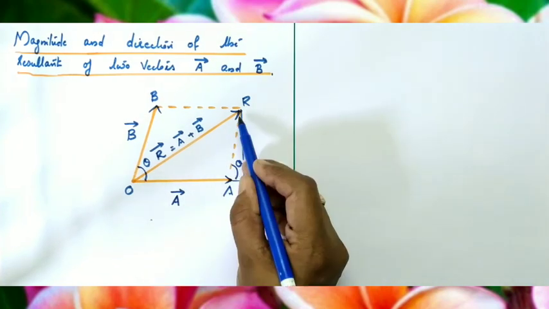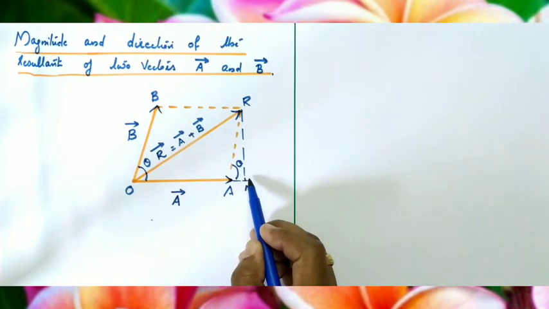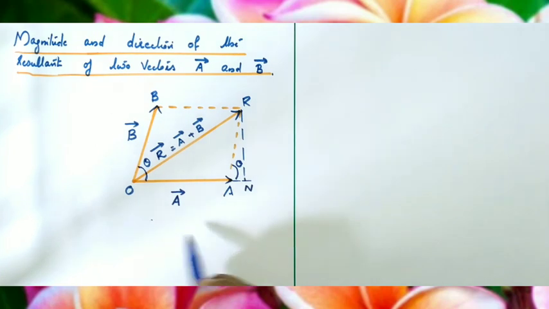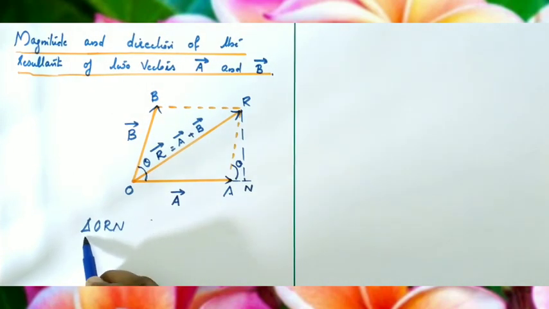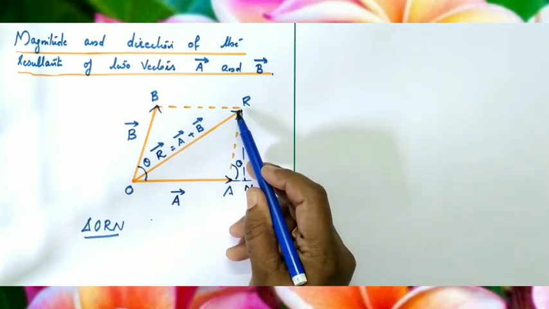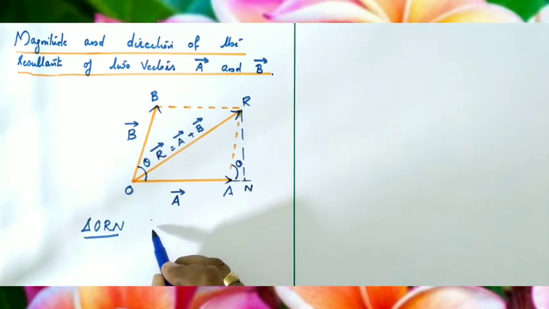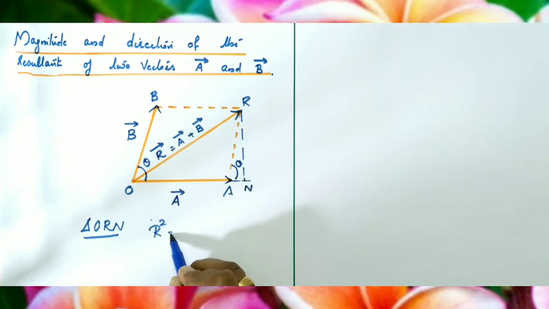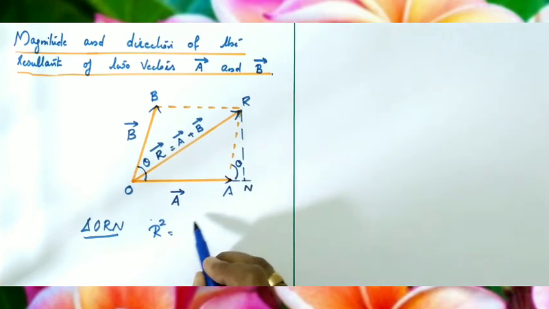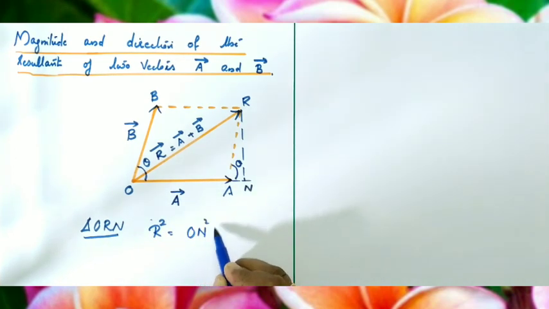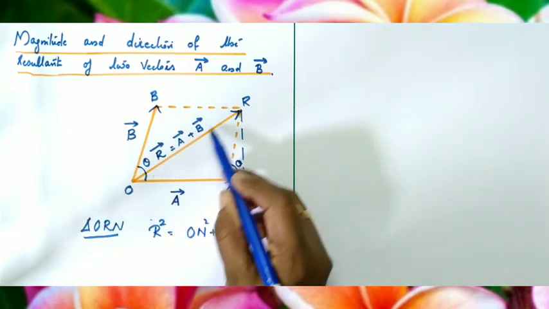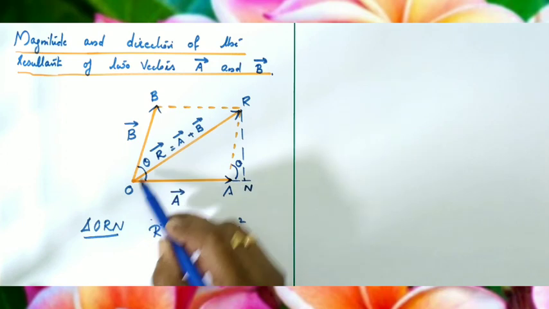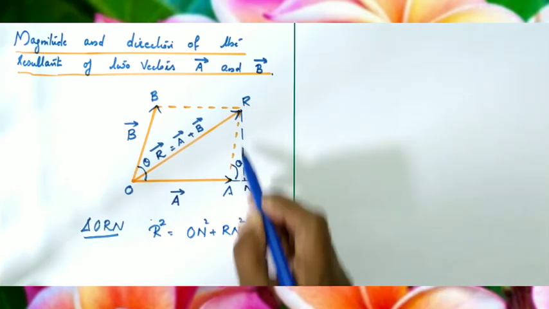Now consider the right angle triangle ORN. This is the hypotenuse. What is its magnitude? R. So using the Pythagoras theorem, OR square equals ON square plus RN square.